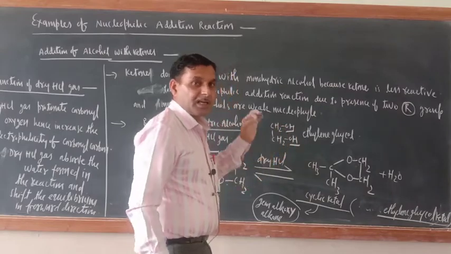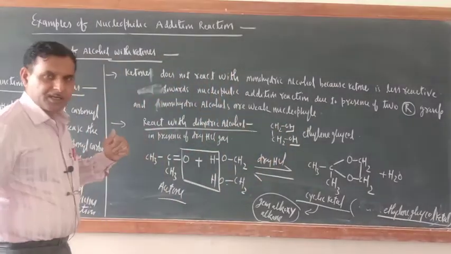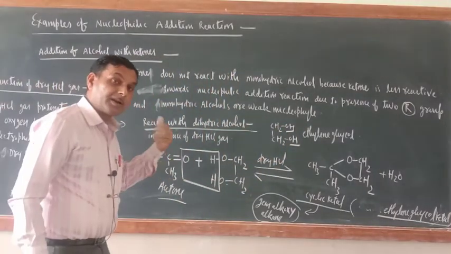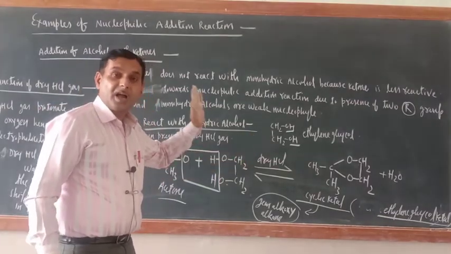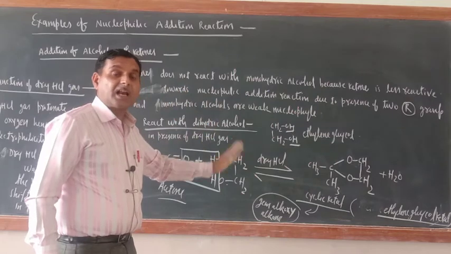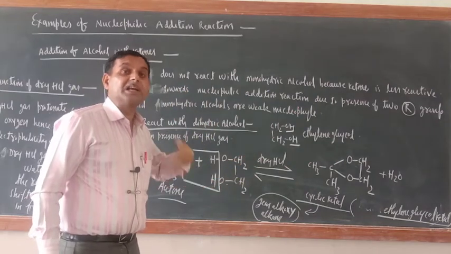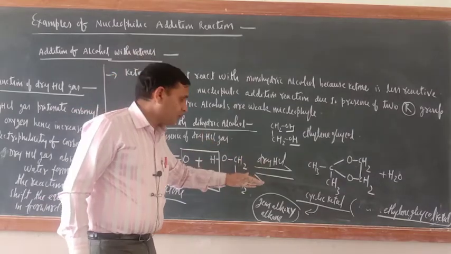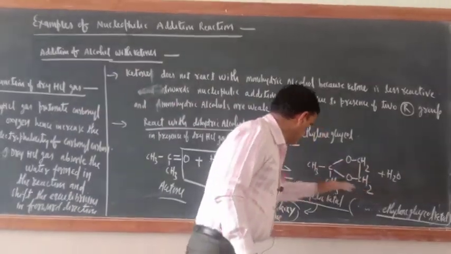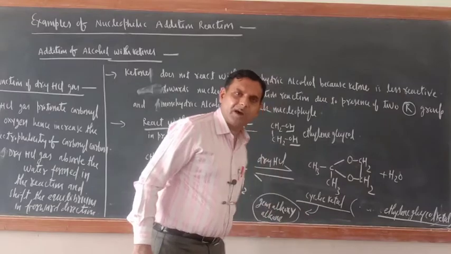Now H2O should be removed so that the equilibrium will be shifted in the forward direction, and you get the acetal or ketal yield more. H2O removal should be frequent, then only the equilibrium will be shifted in the forward direction.